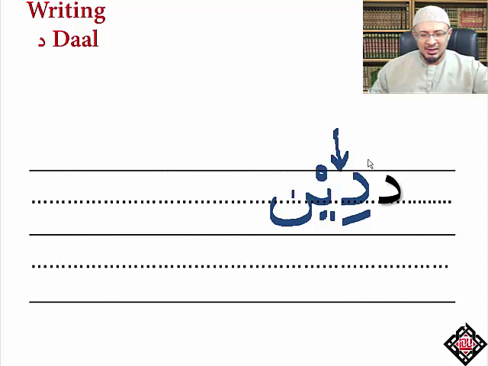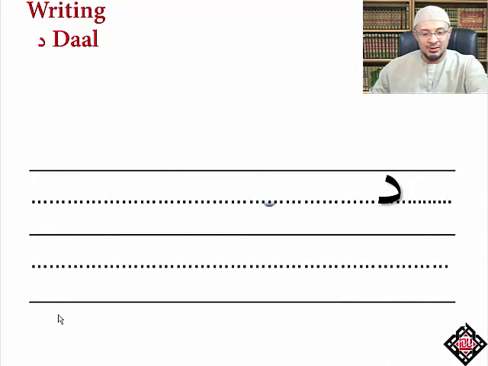The dal, if it's the beginning letter, does not connect at the end. So dal can never connect following it, but it connects before it. Because if you have, for example, this tip right here, and you have dal. So this tip right here shows its connectivity.